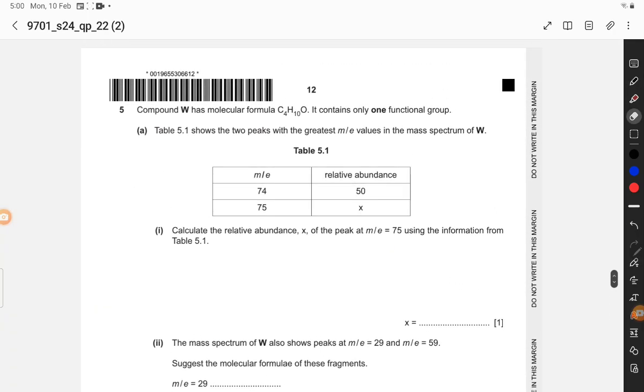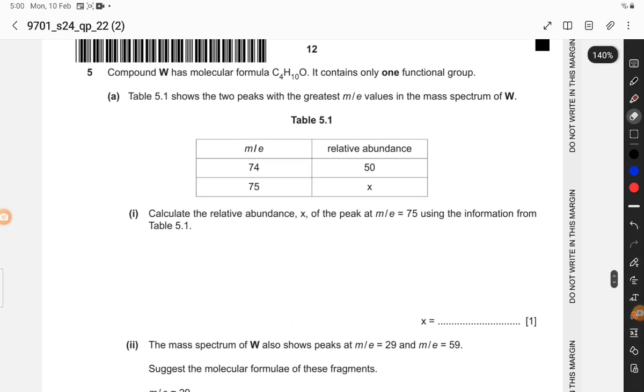So there is question number 5. Compound W has a molecular formula C4H10O. It contains only one functional group.